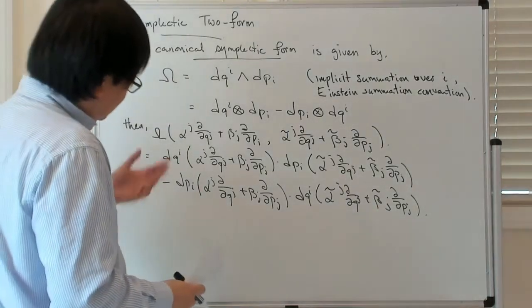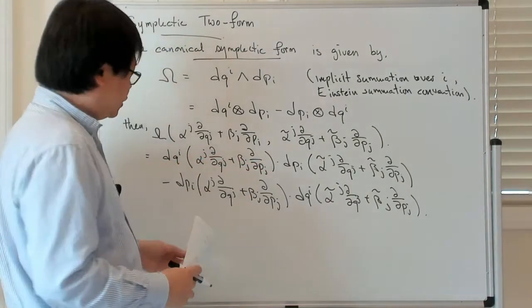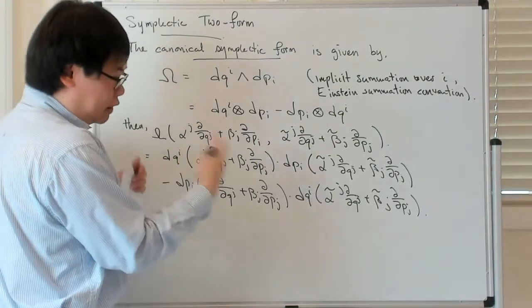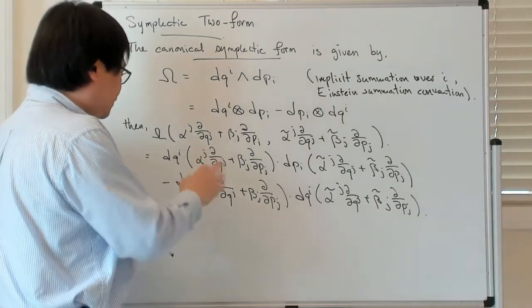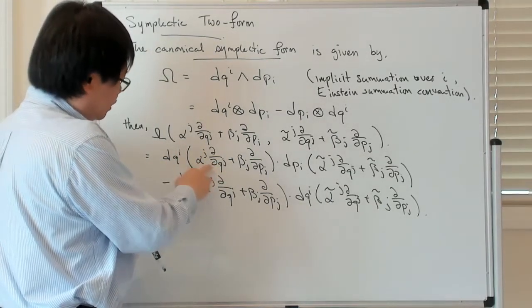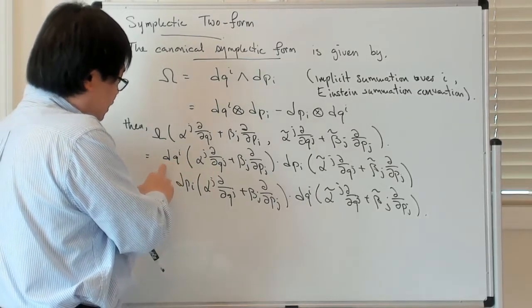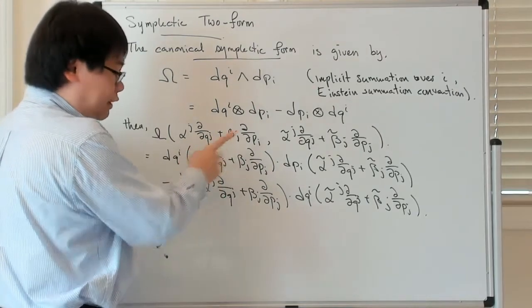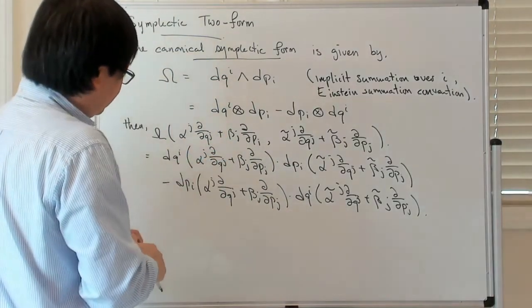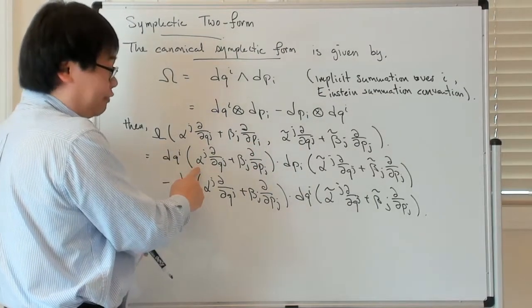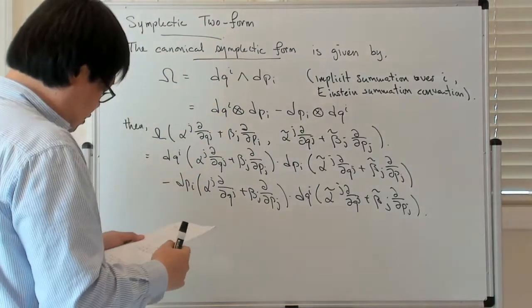Okay, and then what happens is that a lot of these terms vanish, because as you know, dq_i vanishes on everything except for the part which involves the vector in the q_i direction, right? So this term, for example, just collapses to alpha_i, okay?